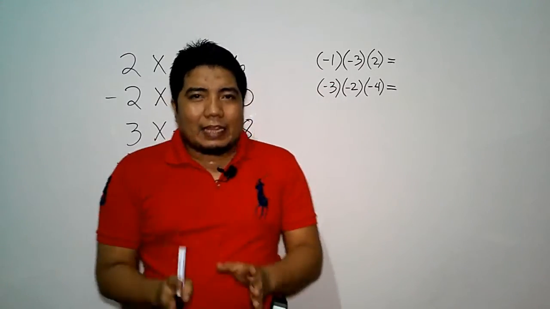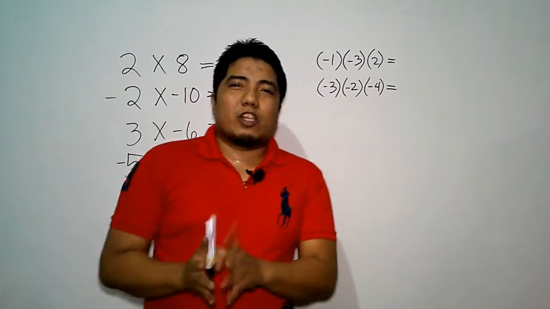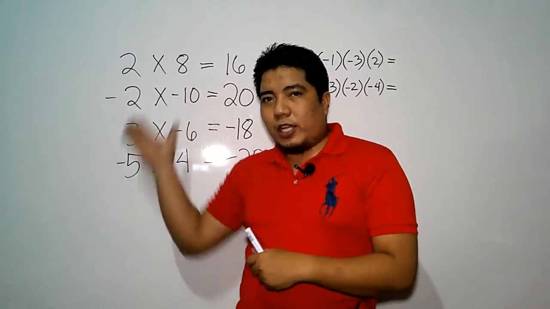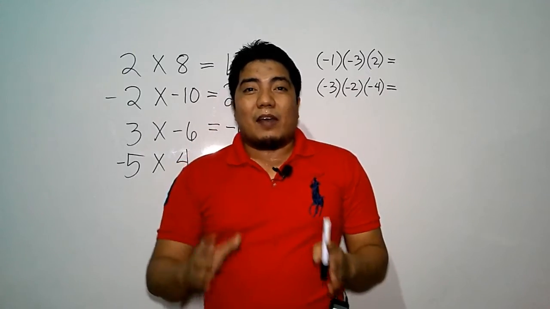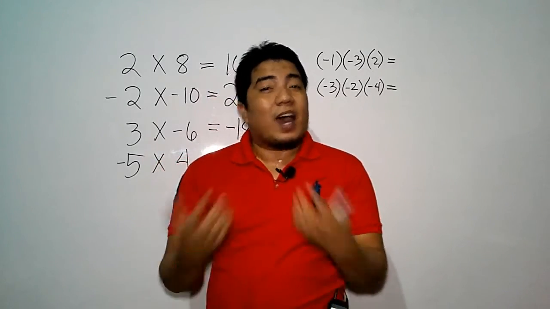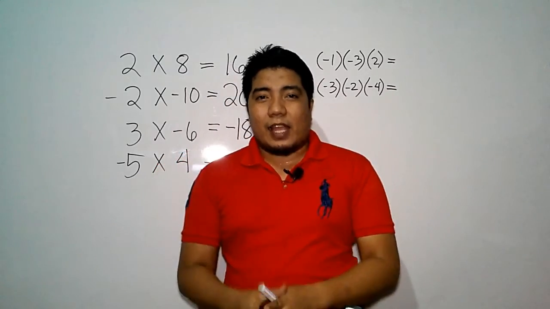Now, let me correct this confusion among students because, as I've said earlier, if you have the same sign, the answer is positive. If you have unlike sign, the answer is negative.